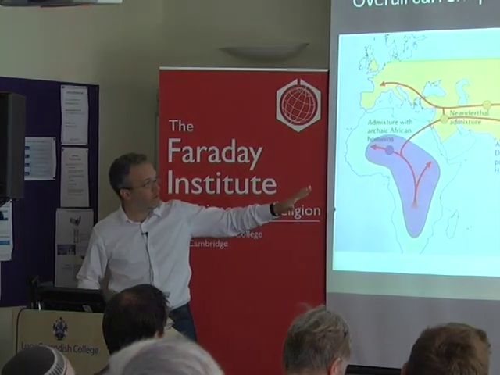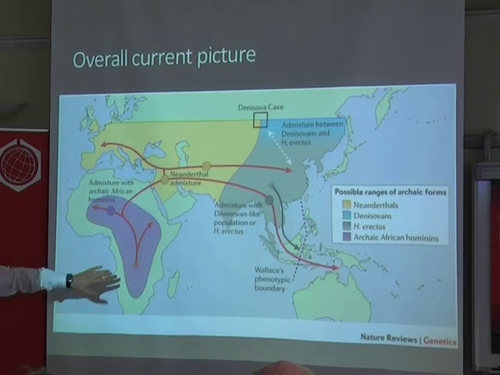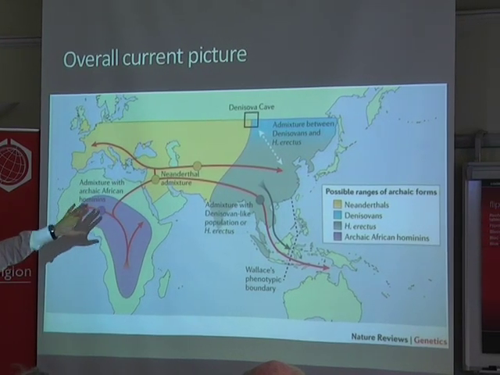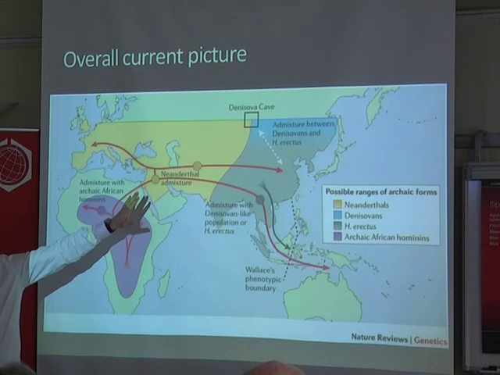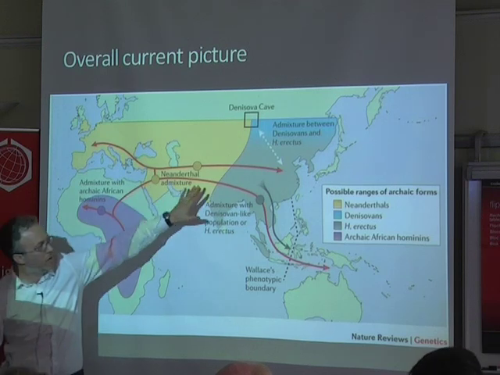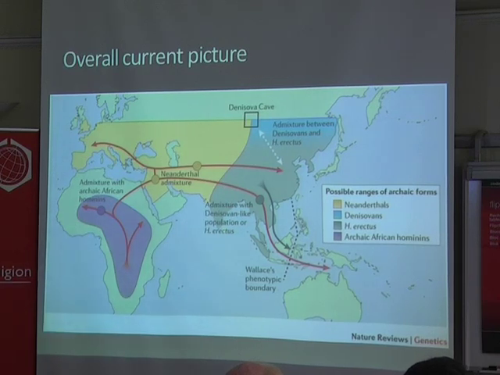So the global picture so far, and probably we are missing some very recent events, is that modern humans went out of Africa, encountered Neanderthals with several interbreeding events, and probably more than two. Then they went on to Asia, encountered another type of population, the Denisovans, and continued on. There is now speculation about a mixture with other archaic humans in Africa, and it's very likely that in the coming years we'll find other events as well.